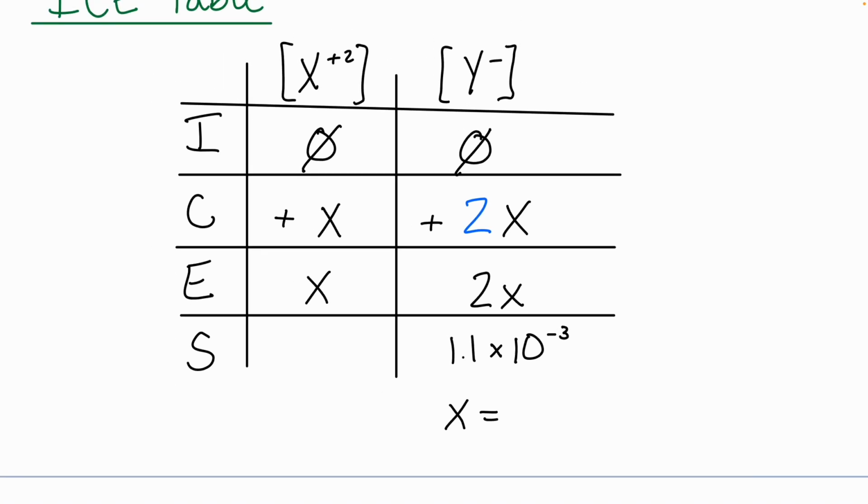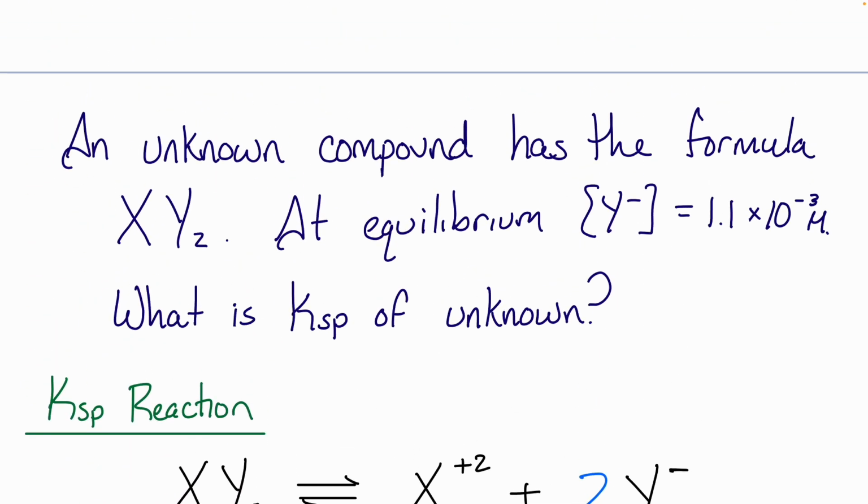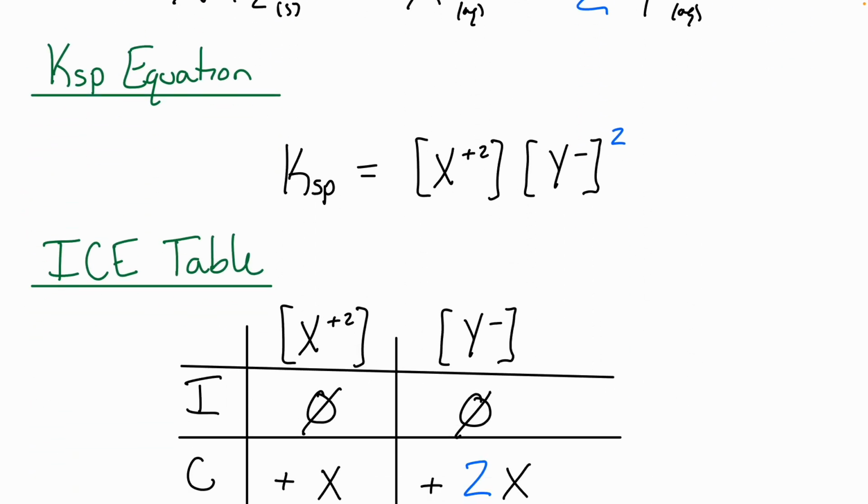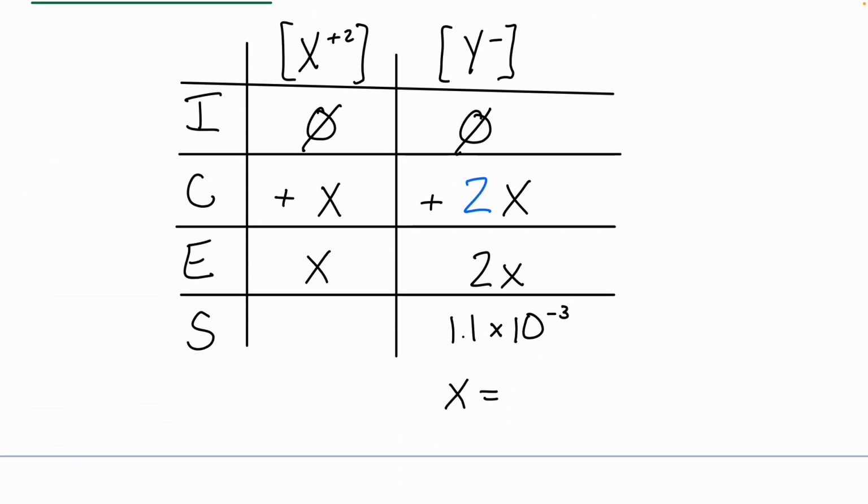All right, if 2x is equal to 1.1 times 10 to the -3, right? 2x is my equilibrium value of my y anion. So that's equal to 1.1 times 10 to the -3.